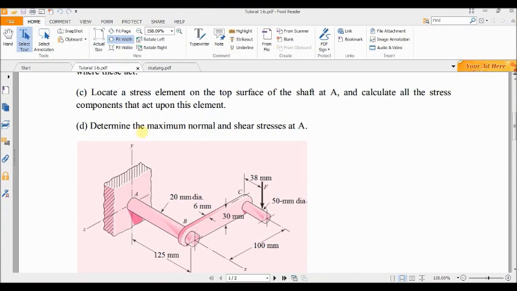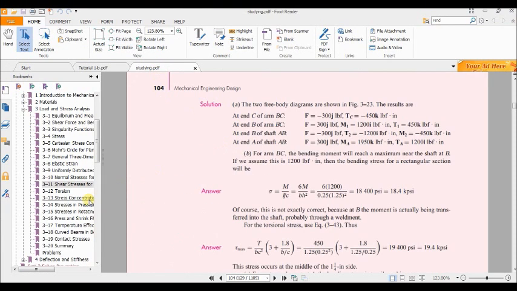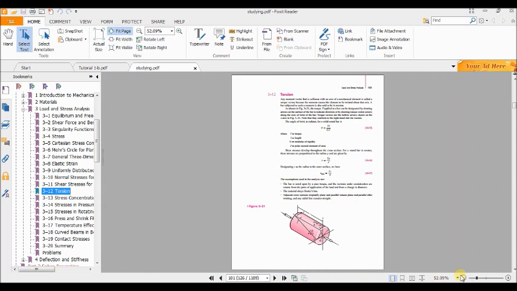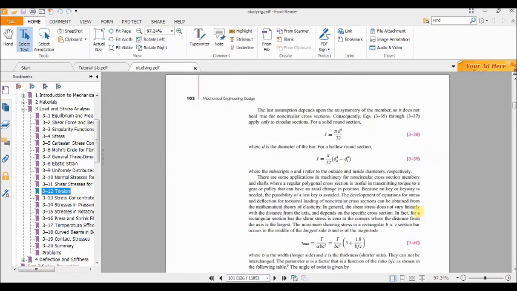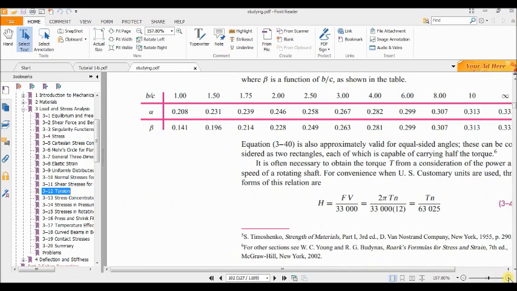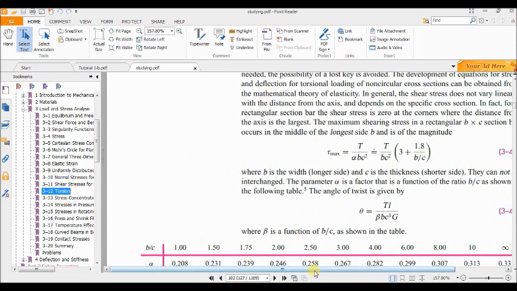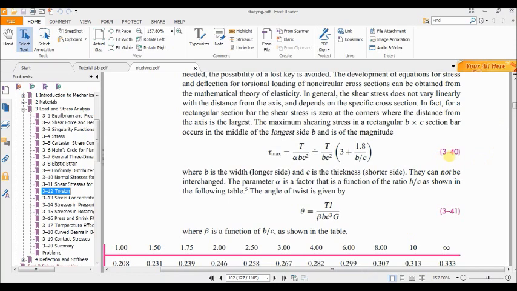Okay, let's use our textbook to find some equation. If we refer to section 3.12, which is torsion, you can see equation 3.40 is about the torsion of a rectangular cross section. The maximum shear stress in a rectangular b by c section bar occurs in the middle of the longest side b, and its magnitude can be found by using this equation.